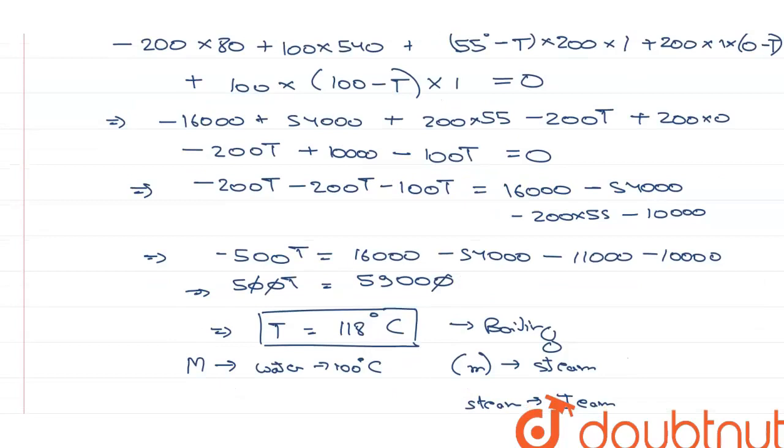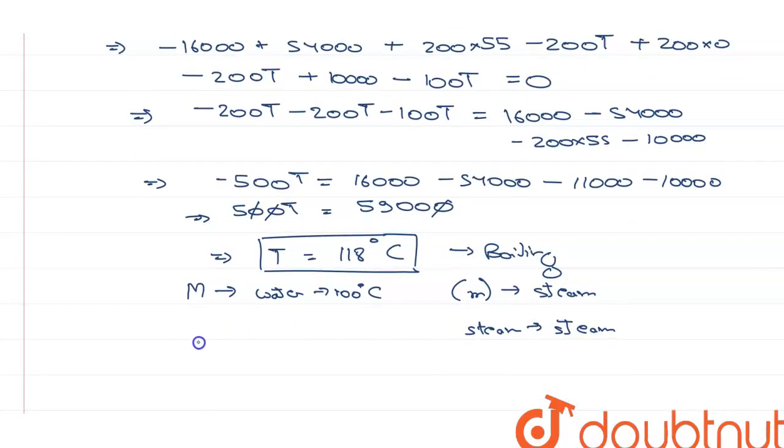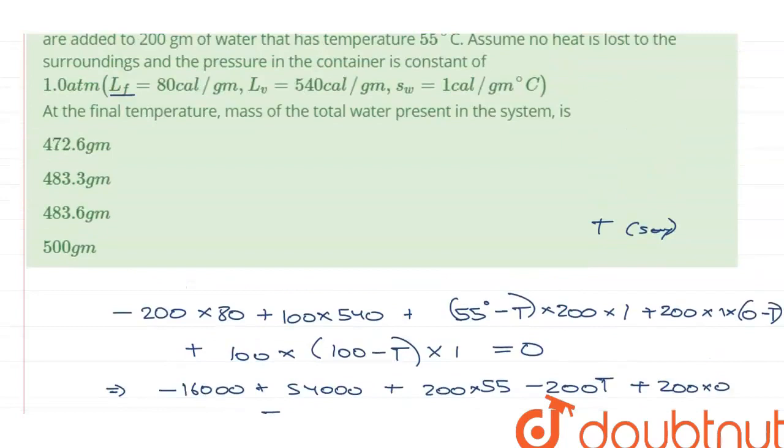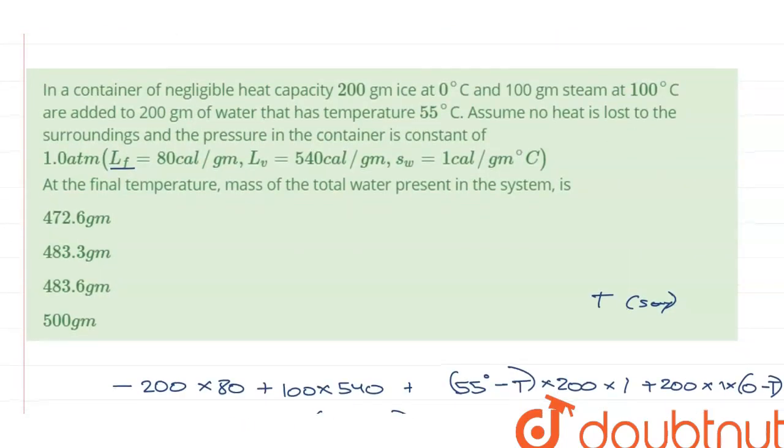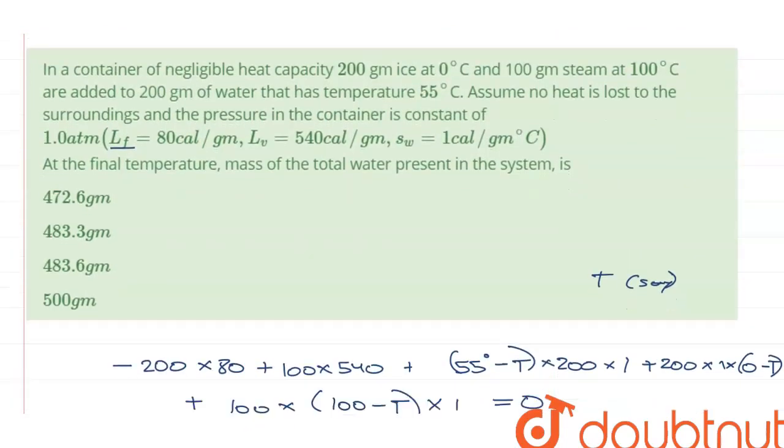Now capital M plus small m must be equal to the total sum of the products, that is 200 gram of ice, 100 gram of steam plus 200 gram of water.